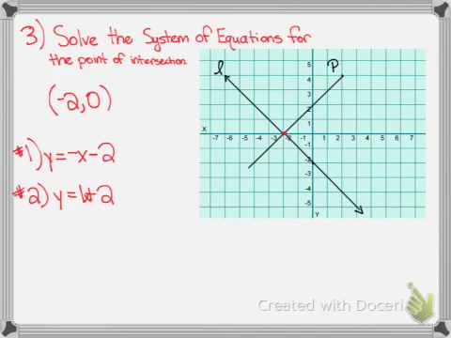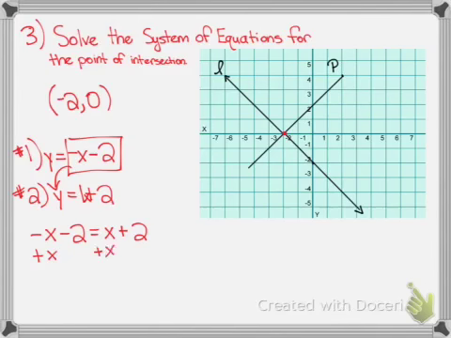If we solve the system by substitution, I can take this first equation and sub it in for y in the second. So I get negative x minus 2 equals x plus 2. If I add x to each side, these cancel, and I get negative 2 equals 2x plus 2. And then by subtracting 2 from each side, these cancel, and I get negative 4 equals 2x.